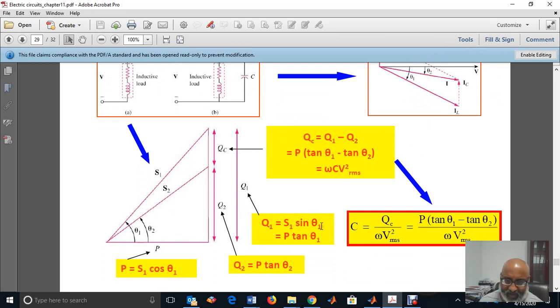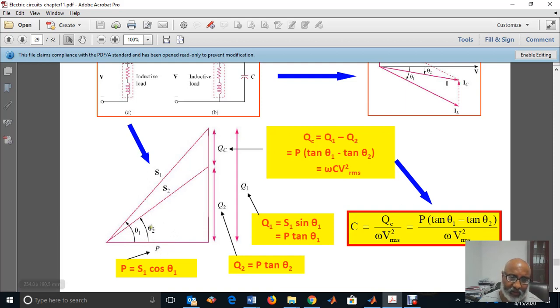Now, what is Q1? S1 sine theta 1, or in terms of P, P times tan theta 1. What is Q2? P times tan theta 2, because the angle changed from theta 1 to theta 2. The power factor is corrected. Which one is bigger, cos theta 1 or cos theta 2?